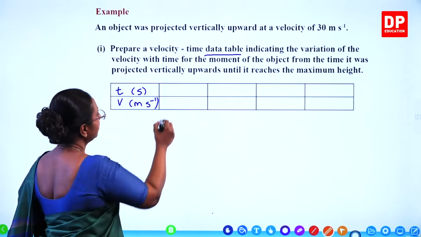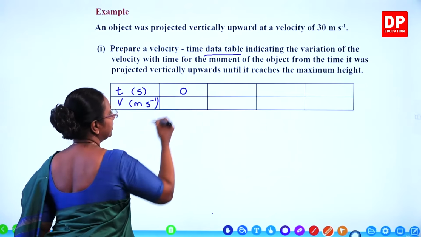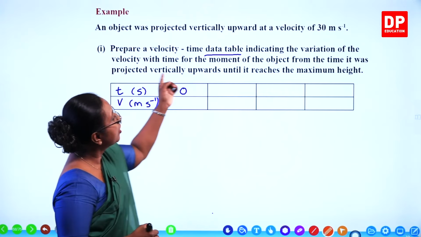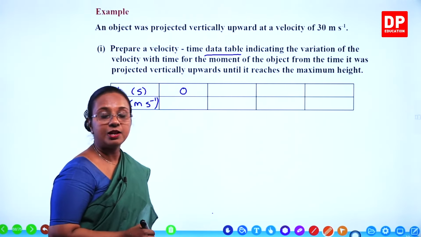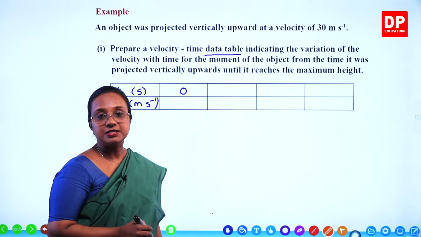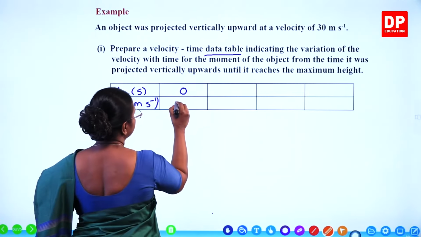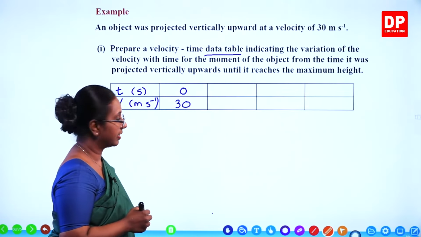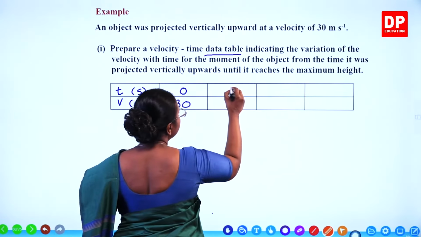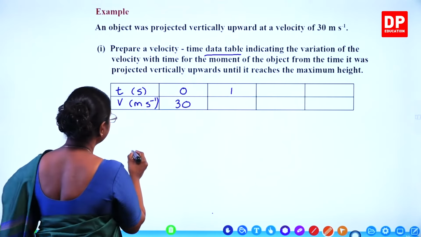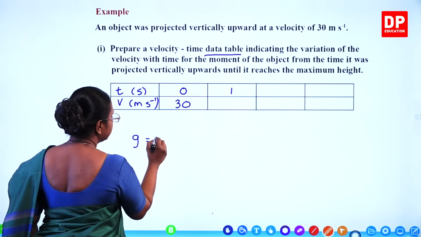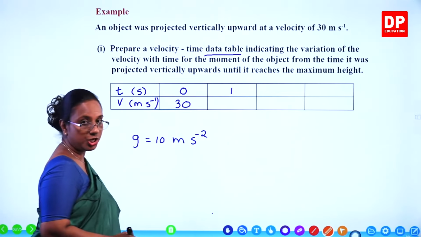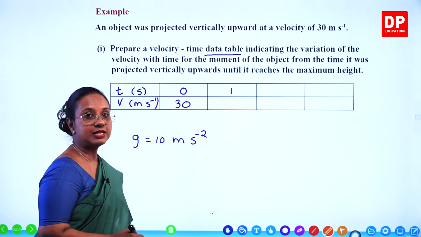Initially, at the starting point, we take the time as 0 seconds, and the body was projected with a velocity of 30 meters per second. So here the value will be 30 meters per second. At the end of 1 second, we take g as 10 meters per second squared for convenience of calculation. So this is going to be a deceleration.